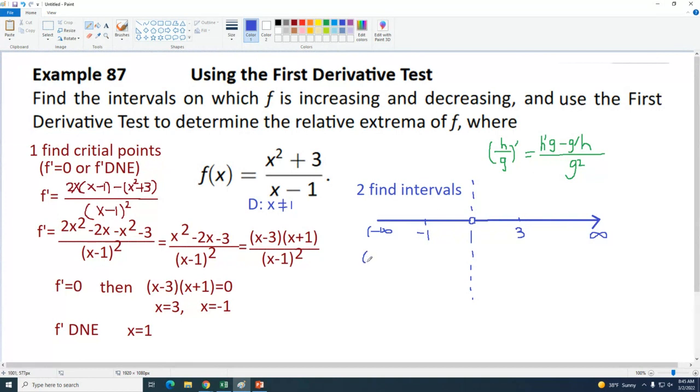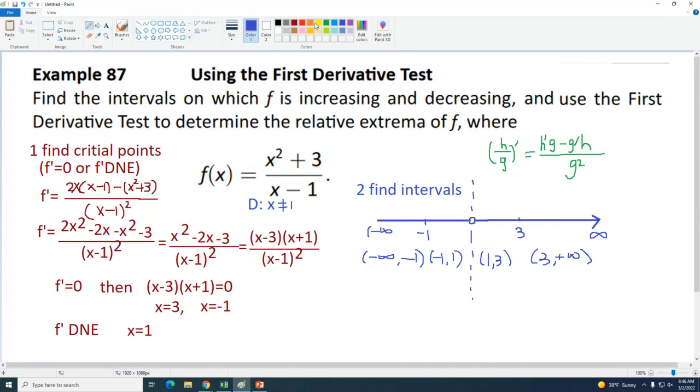Those are the intervals that we find from step 2. So negative infinity to negative 1 is 1 interval. Negative 1 to 1 is our second interval. 1 to 3 is the third interval. 3 to positive infinity is the fourth interval. So step 2, find the intervals. Now we have our intervals. Any questions? Question?